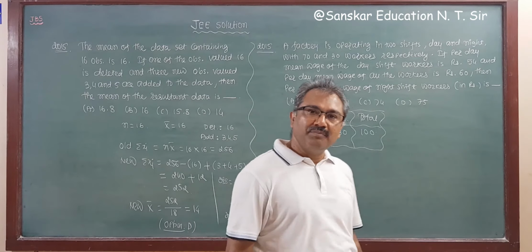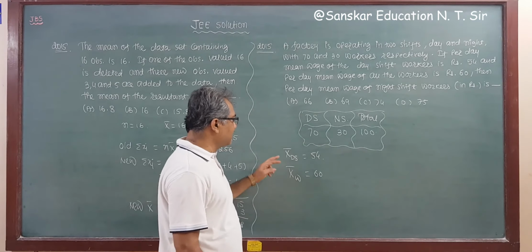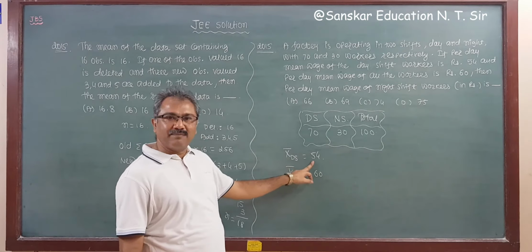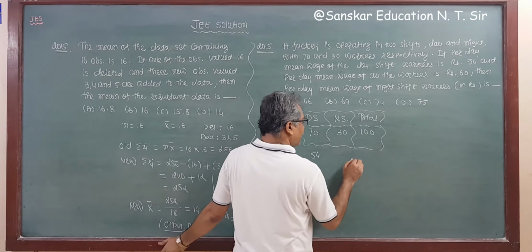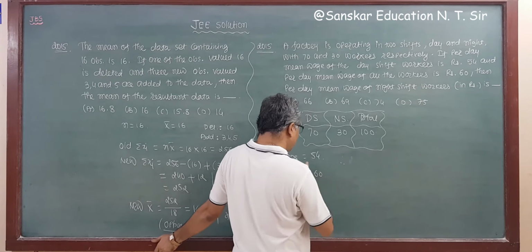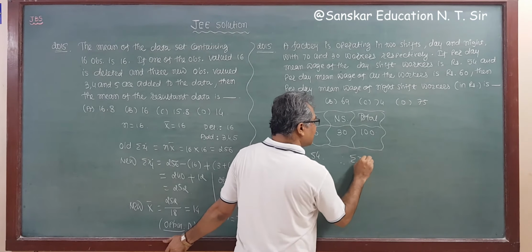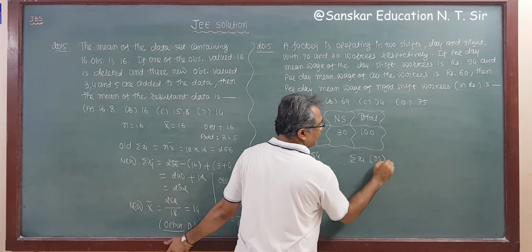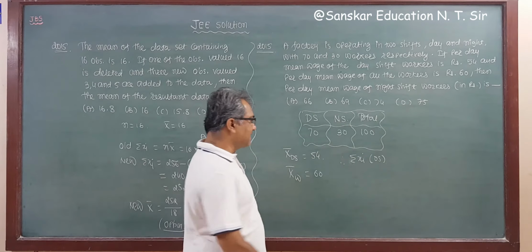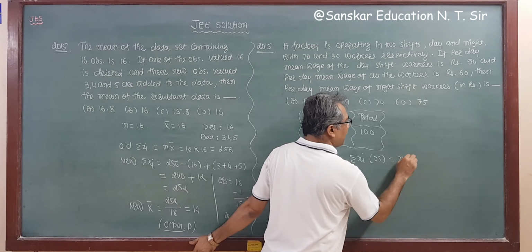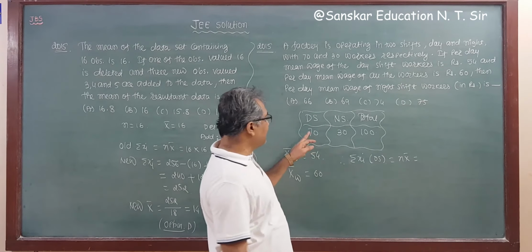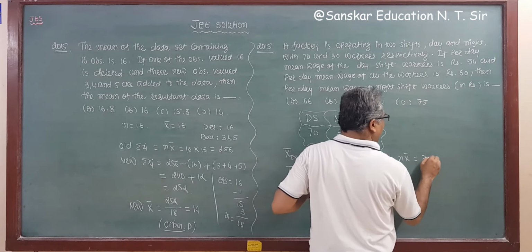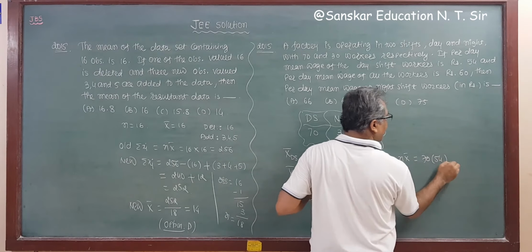We will get the mean of the night shift workers. So x bar for day shift is 54. Therefore, sigma xi for day shift is equal to n into x bar. Now n is 70 and this is 54, right?